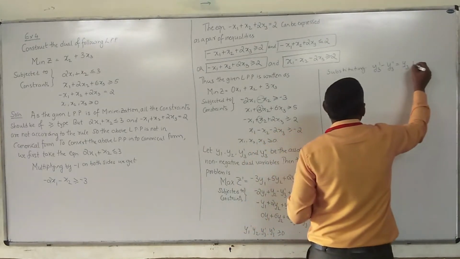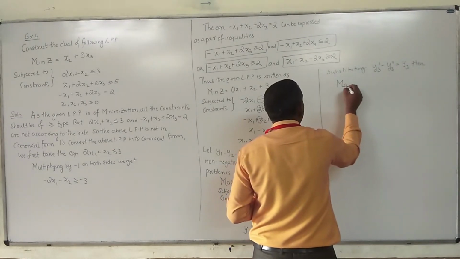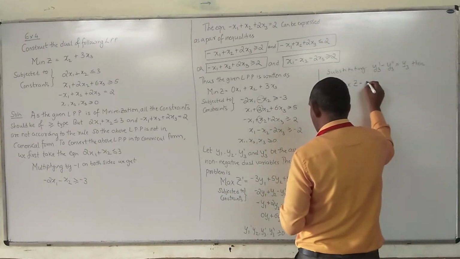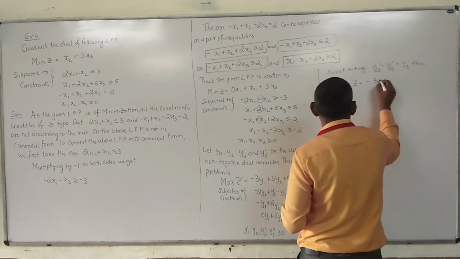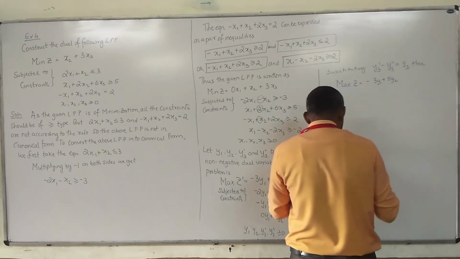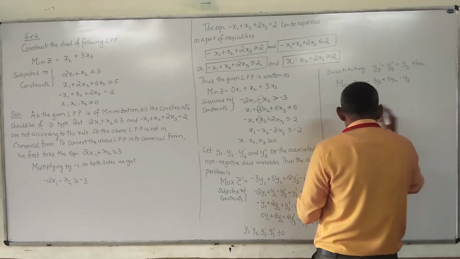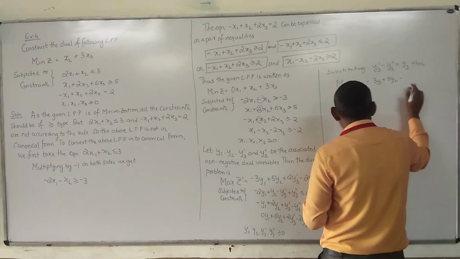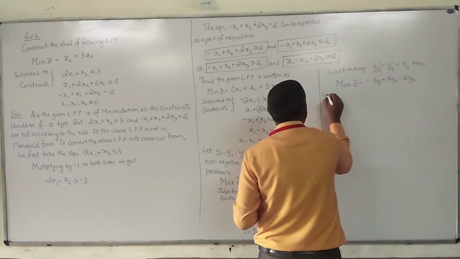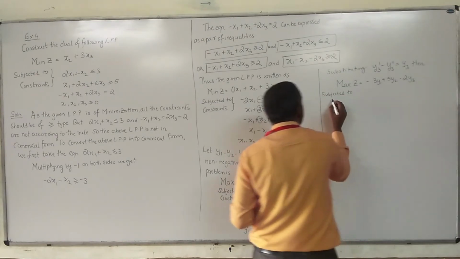Then max z is equal to minus 3y1 plus 5y2 minus 2y3, subjected to constraints.